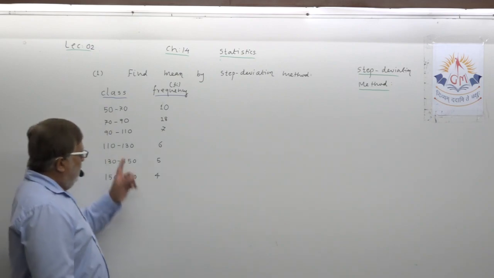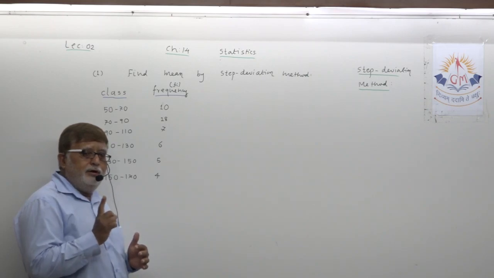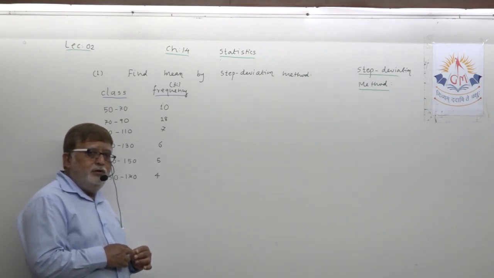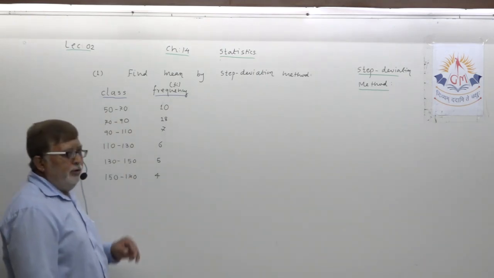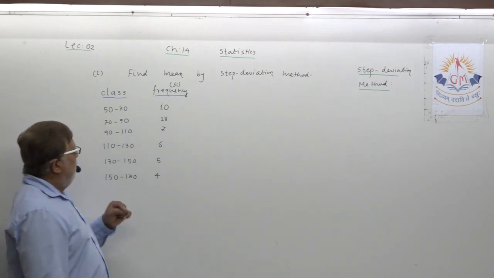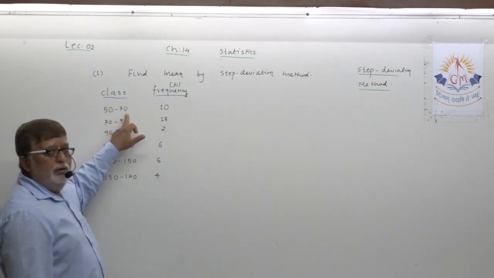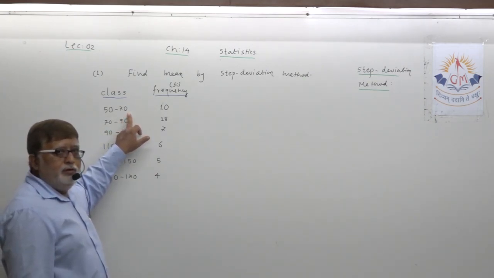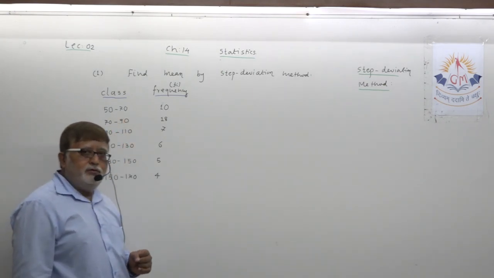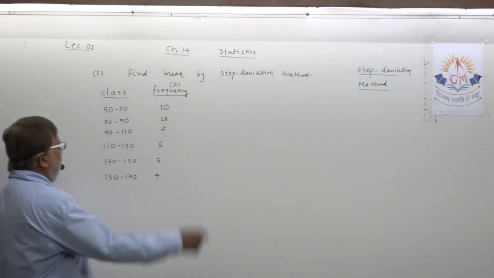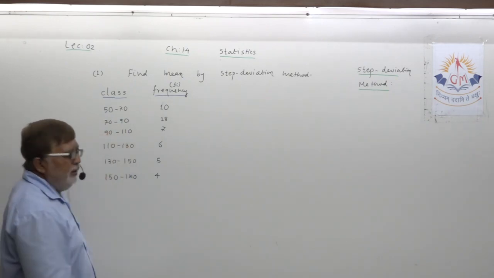Not only that all classes have equal class height, but it is also a regular continuous data: 50 to 70, 70 to 90, 90 to 110. You know the meaning: the upper boundary of the previous class is represented as the lower boundary of the succeeding class. So it can be called continuous data.